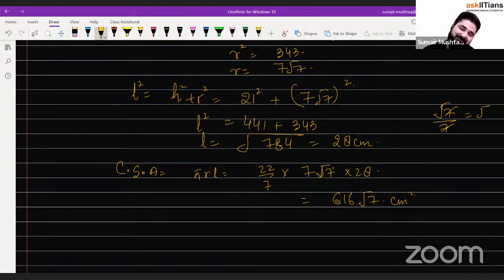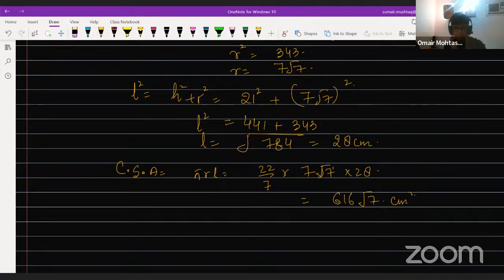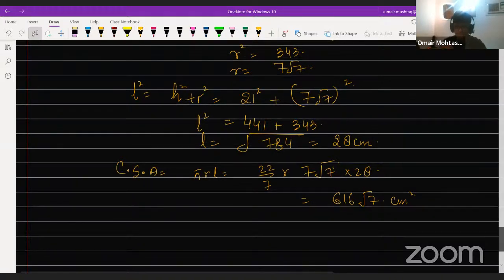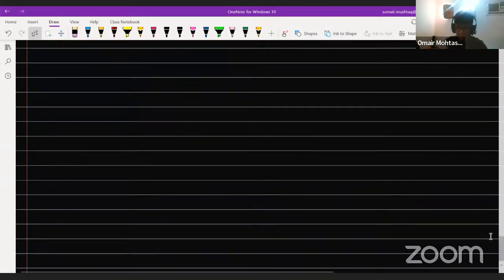Sir, remove that strike from root 7. If anyone will see it, he will say, what math sir is this? Leave it, sir. Okay, left. Appreciating the genius. Let's go.